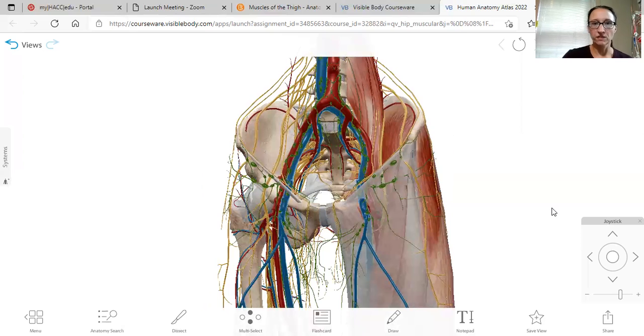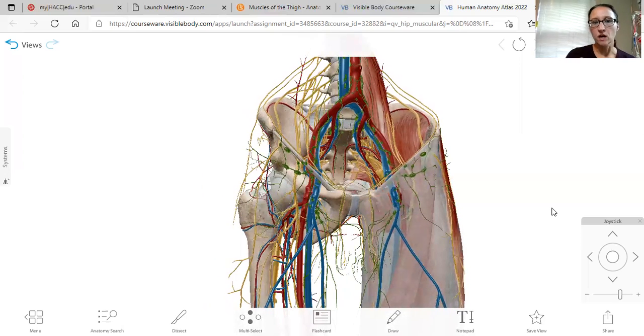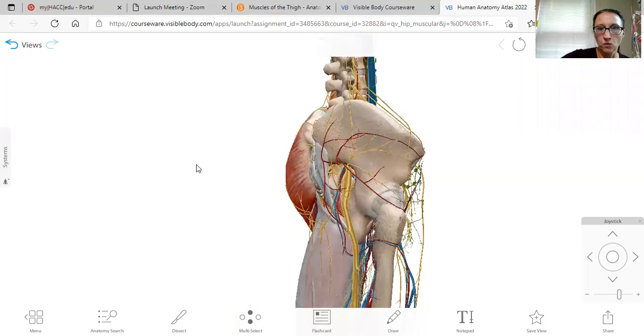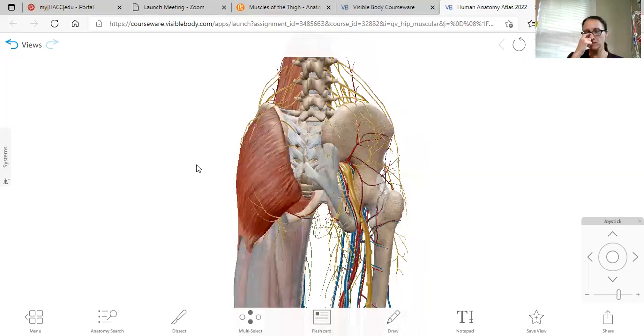All right, one more thing. Because we're talking about the sciatic nerve, these are all the nerves and blood vessels that run through this area, and these green things here are lymph nodes. So I'm going to turn them around here. Where's the sciatic nerve? Can anyone tell me where the sciatic nerve is? Yeah.